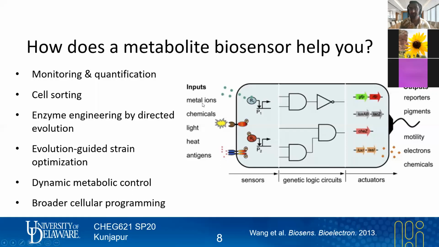Those signals, I've focused on small molecules, but there could be other kinds of inputs. You have your sensors. Now this starts to get into the idea of maybe you want to couple different sensors if a particular environment or disease state, say, is characteristic of more than just one thing.